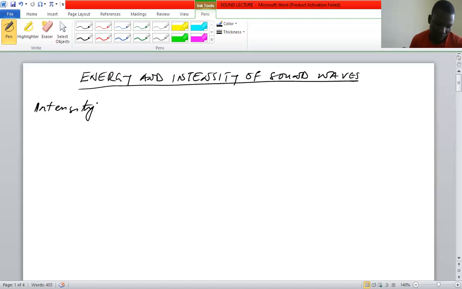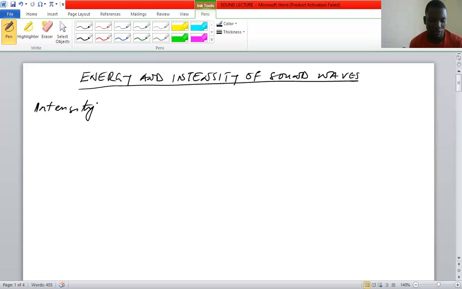The amount of something, okay? So maybe of sound is how loud it is, okay? Yeah, so when you are talking about intensity of sound, you're talking about the amount of sound energy. So intensity here, we are dealing with energy.